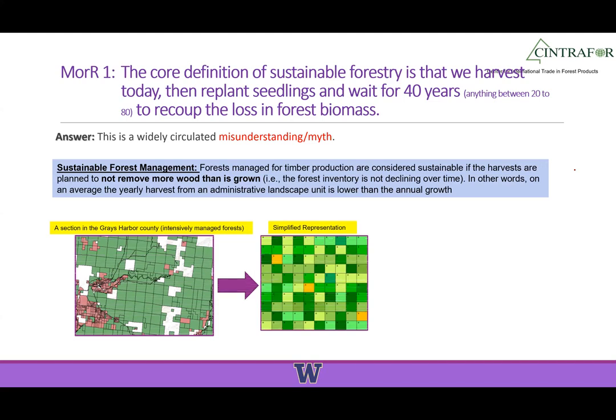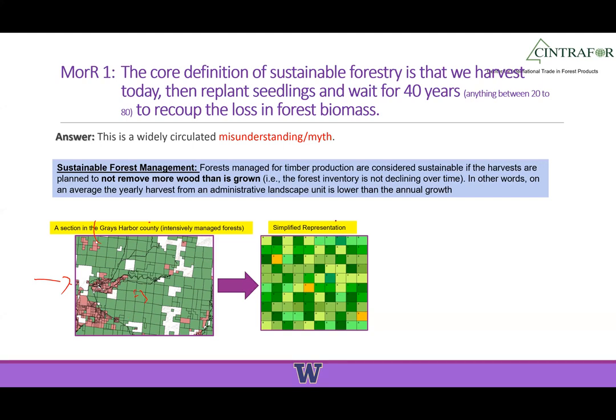Now, that triggers a shift in how we look at harvest cycles. This is an example of a GIS map of Grays Harbor County, which is one of the highly productive forestry counties in Washington state. The green squares you see here are our forested plots.